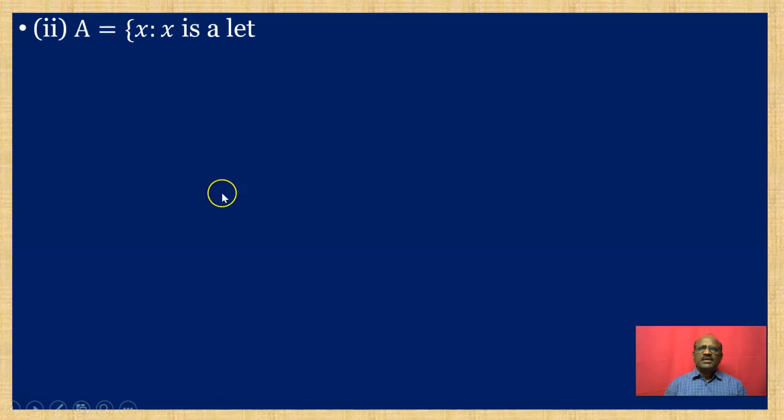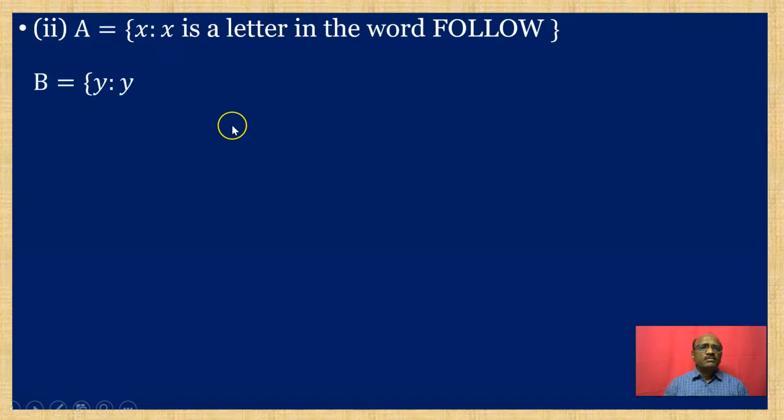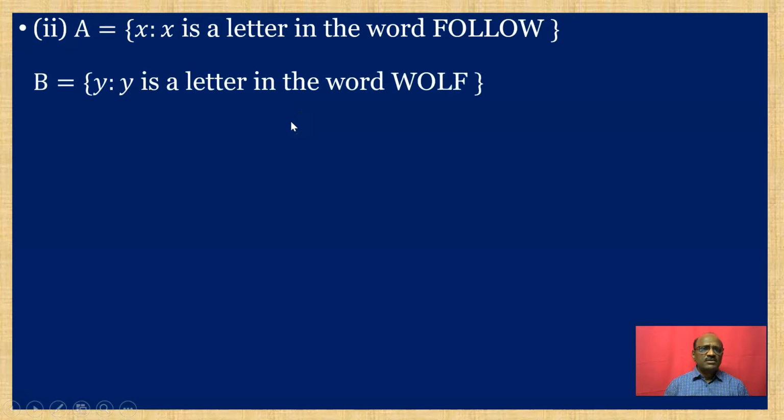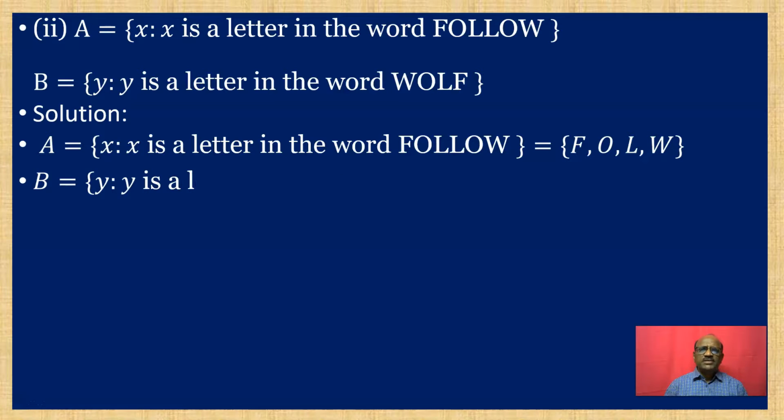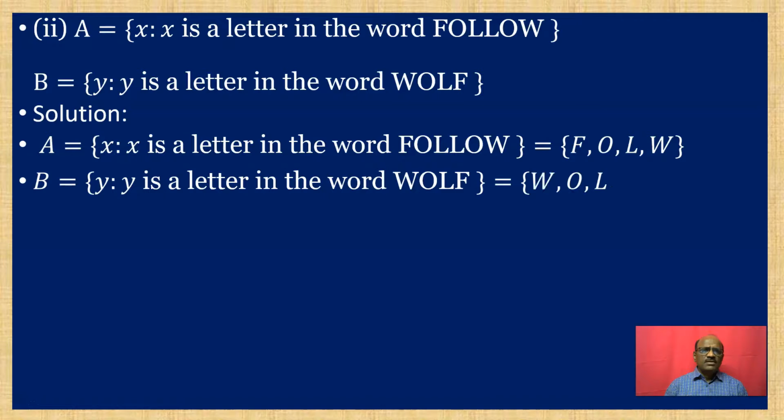Next, A is equal to the set of X such that X is a letter in the word FOLLOW, and B is the set of Y such that Y is a letter in the word WOLF. And the solution set X is such that X is a letter in the word follow, that is F, O, L, W, and B is Y is a letter in the word wolf, and therefore we have W, O, L, F, same number, same elements.